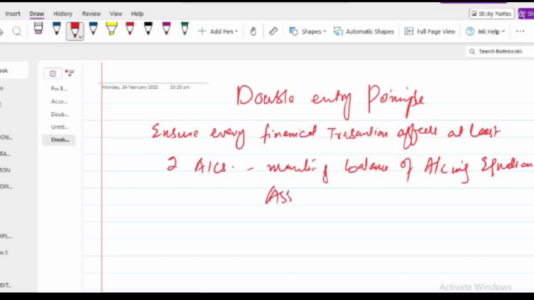That was asset equals liability plus equity. Done.